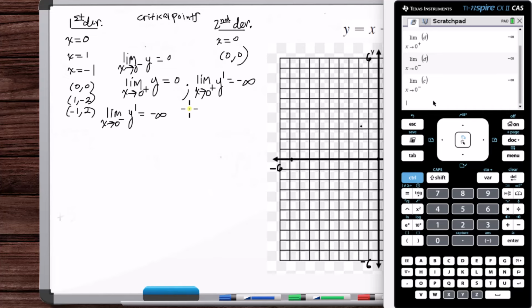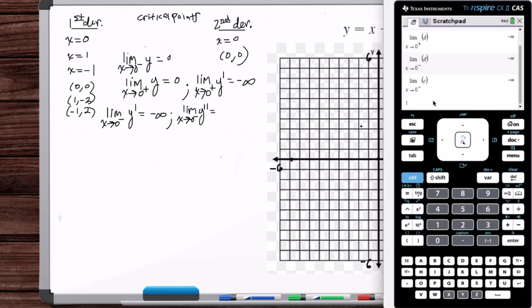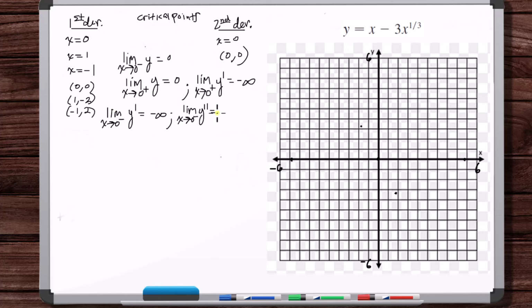The limit as x approaches 0 from the left of y double prime is equal to negative infinity, and the limit as x approaches 0 from the right of y double prime is equal to what?